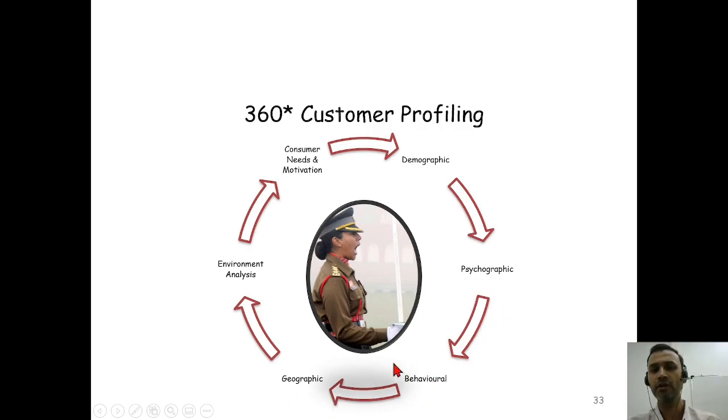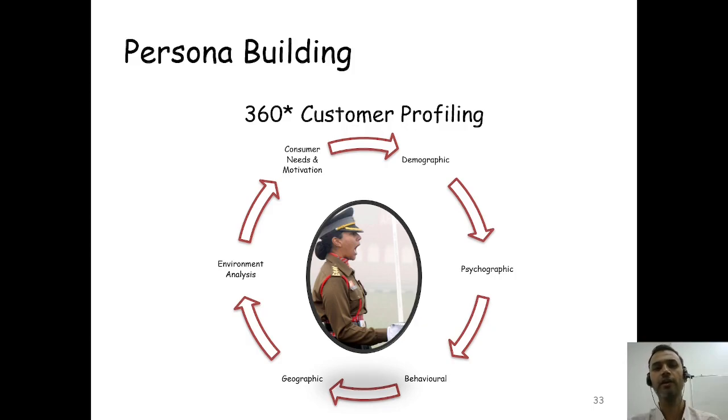So you capture these 4 elements, and then you also look at the external factors that impact the business, and out of all of these understanding of the consumer behavior and the customer persona, you define the customer needs and the problems that you want to solve in your product. So that's a brief about how you will build the customer persona from a 360-degree customer profiling perspective, right?